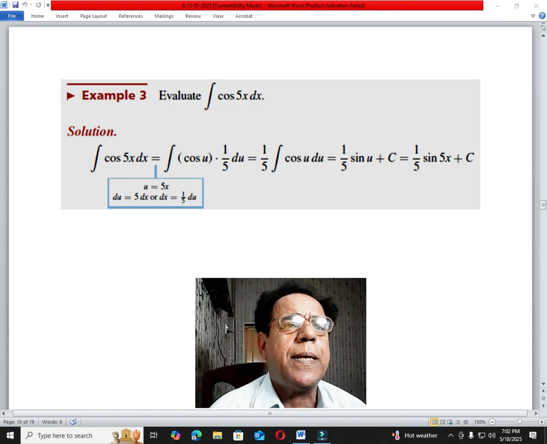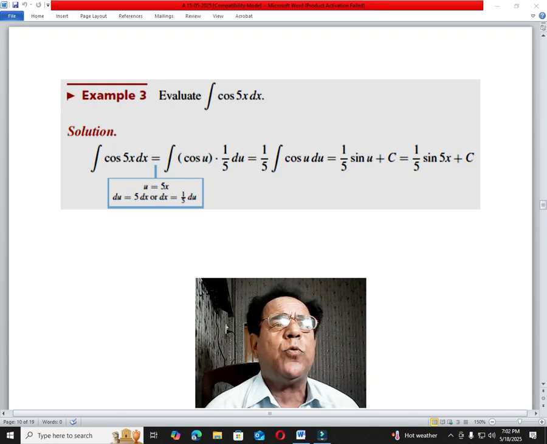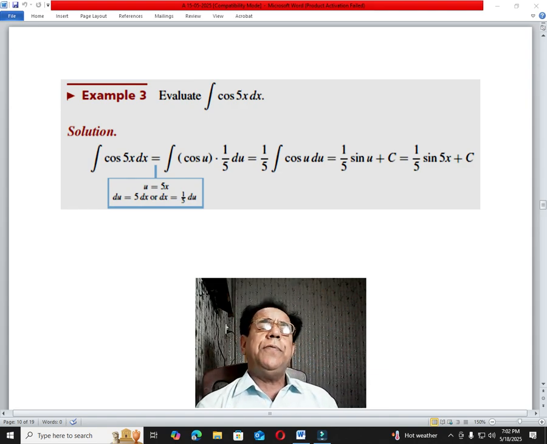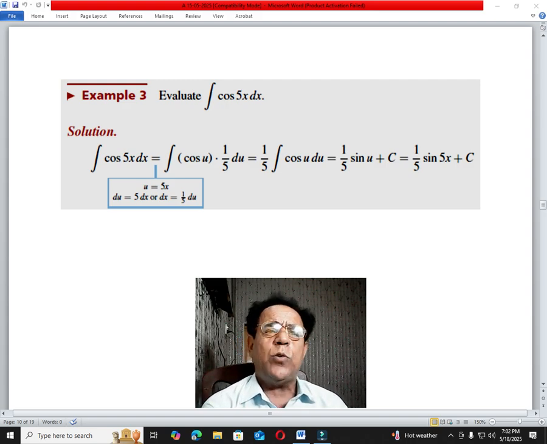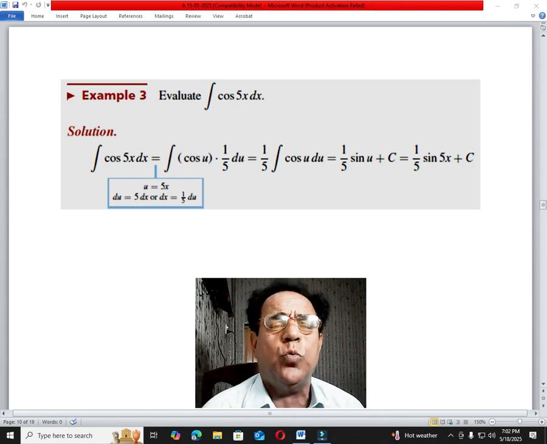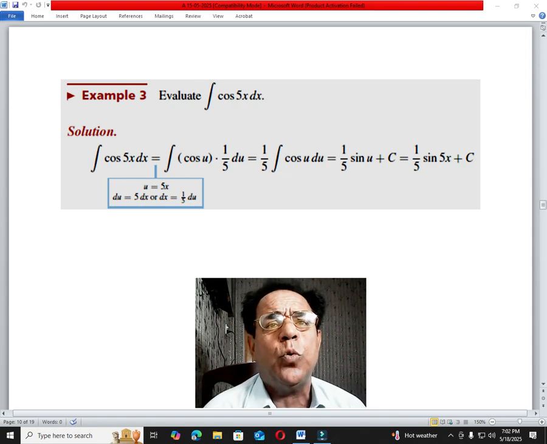Okay, so in place of dx we will apply 1 by 5 du, and in place of cos 5x we will use cos u, and we will solve it according to u. 1 by 5 is constant, so it will be written prior to sign of integration, and we know that integration of cos u is sin u. Differentiation of cos u is minus sin u, but integration of cos u is plus sin u.